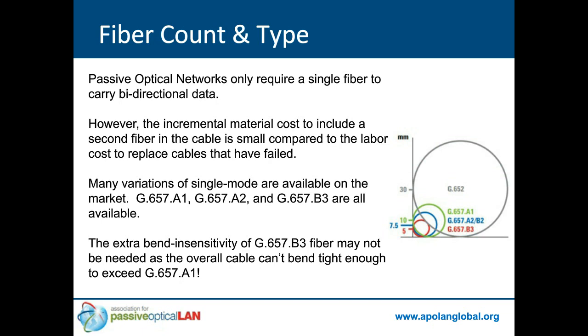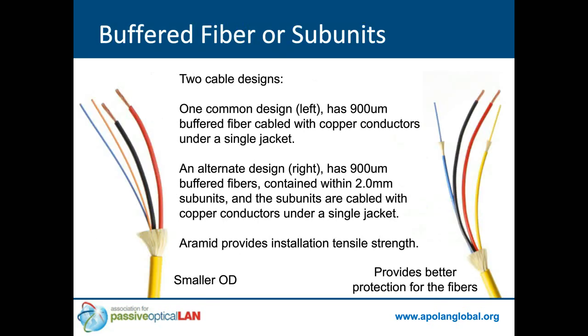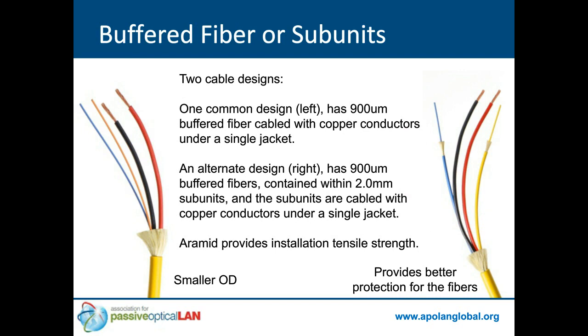The next thing you need to consider, in terms of a cable construction, is do you want buffered fibers or subunits? One common design on the left uses 1 or 2 900 micron buffered fibers cabled with 2 copper conductors. The alternate design on the right has those same 900 micron buffered fibers contained within a 2.0 millimeter subunit, and then those subunits are cabled with the copper conductors.